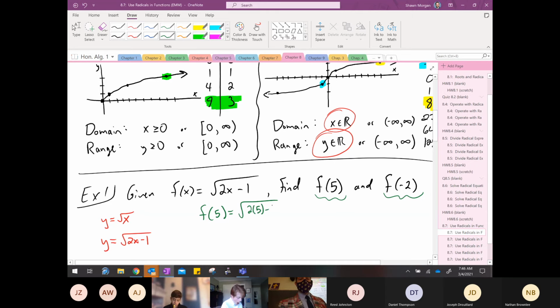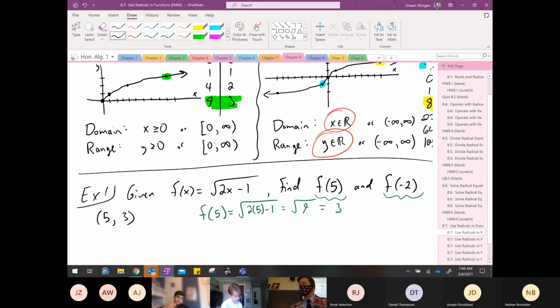So 2 times 5 is 10, minus 1 is 9, and then that equals 3. So as far as an ordered pair is concerned, an ordered pair for this function would be 5, comma, 3, right? That would be on the curve. We're not asked to graph this one out, but that would be on the curve. How about f of negative 2, okay?